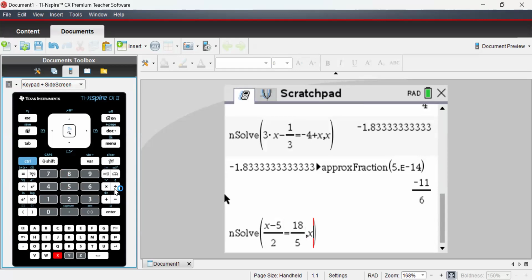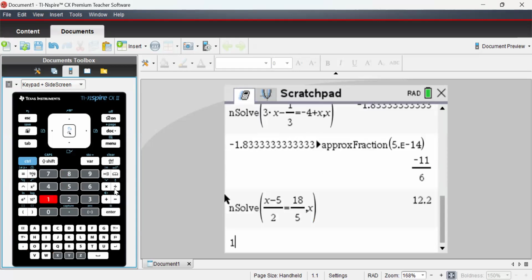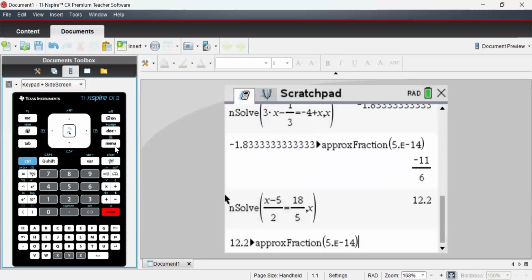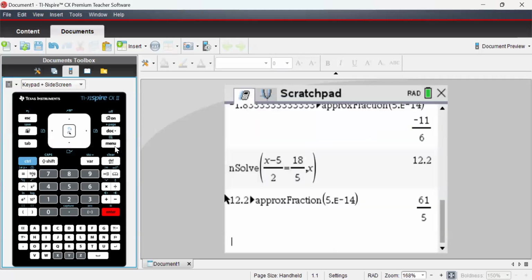Make sure you arrow to the right at the end and put in your comma X. Hit enter. So that's 12.2. So let's convert that to a fraction. So 61 over 5.